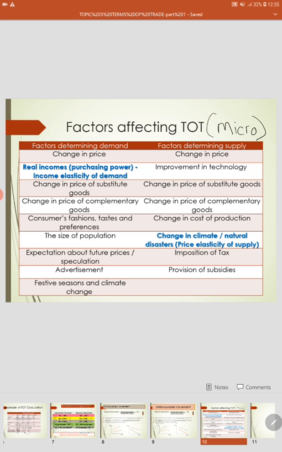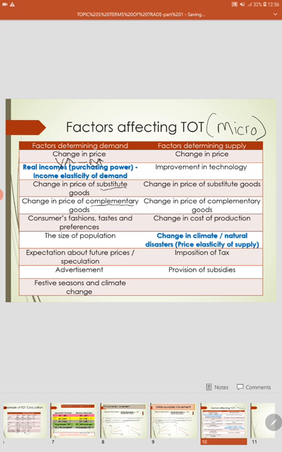Usually when income rises, the demand will increase, for a positive income elasticity of demand. For substitute and complementary goods, substitute is alternative goods, like for example between Coke and Pepsi, and complementary like petrol and vehicles.